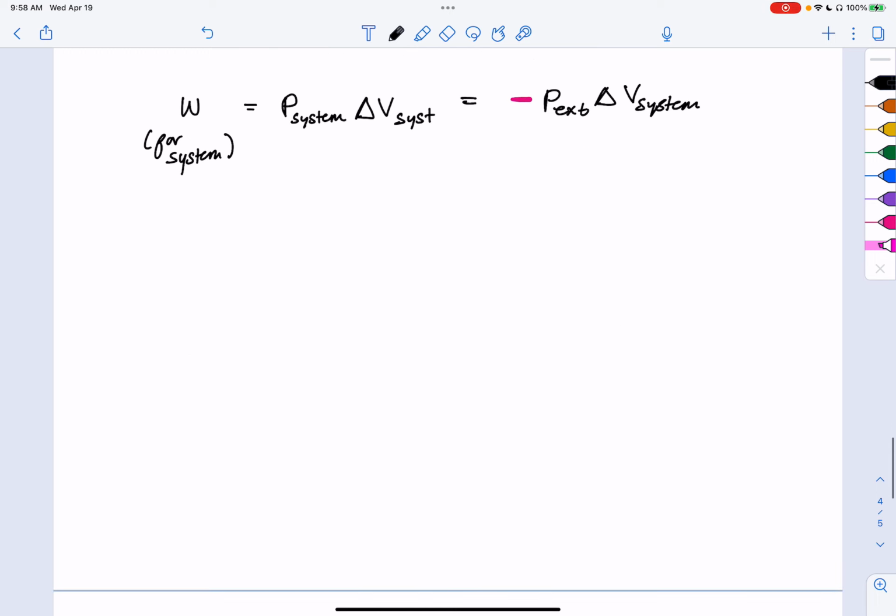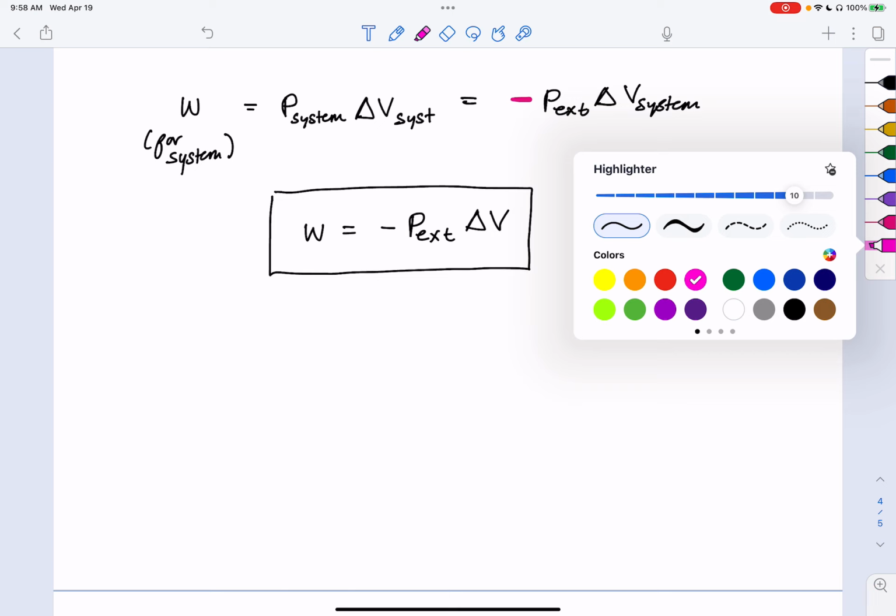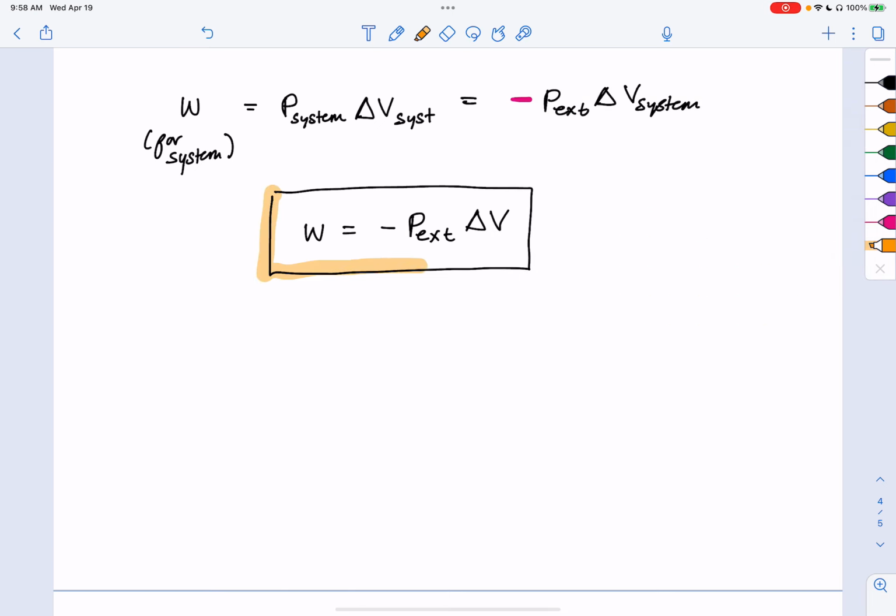In other words, pressure volume work is negative external pressure times the change in volume of my system. So this is how we can calculate pressure volume work in a chemical system.